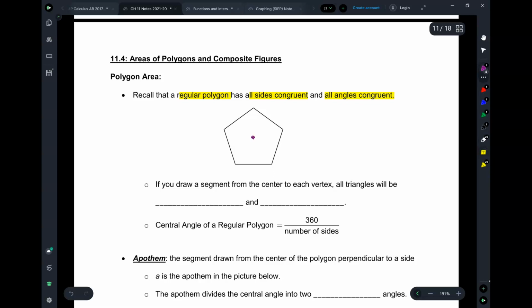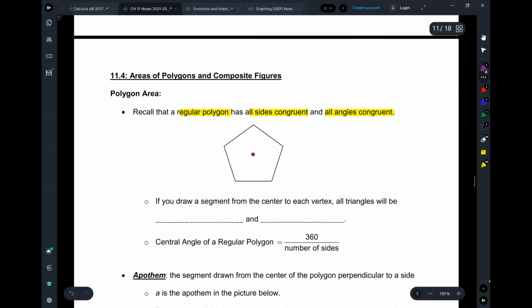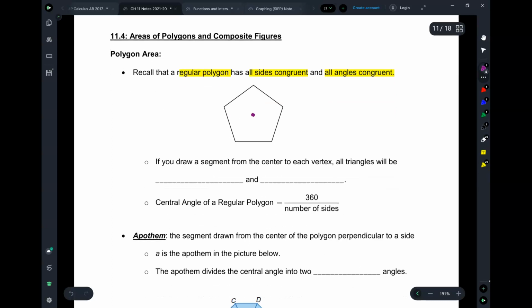You put a dot at the center of the polygon. All right. Now, if you draw a segment from the center to each of the vertices like this, right? How many triangles have we created? 5 of them.